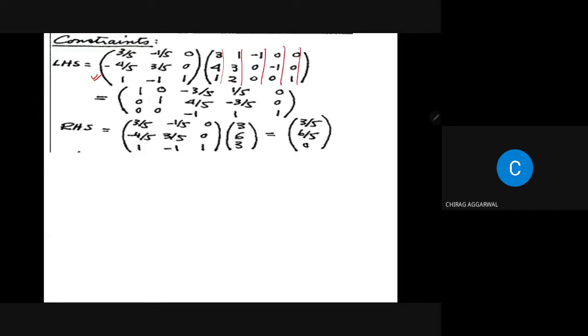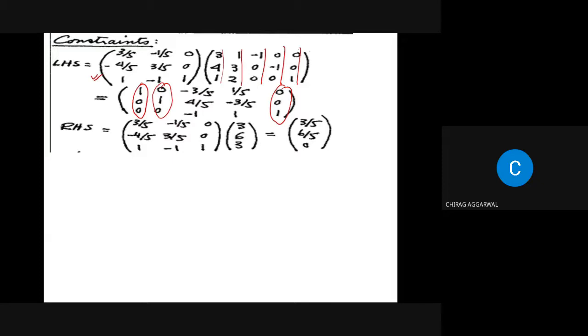As we compute, automatically we will get corresponding to x1 as 1 0 0, corresponding to x2 as 0 1 1, corresponding to x5 as 0 0 1, and the values corresponding to x3 and x4 will come minus 3 by 5, 4 by 5, minus 1, 1 by 5, minus 3 by 5, 1.